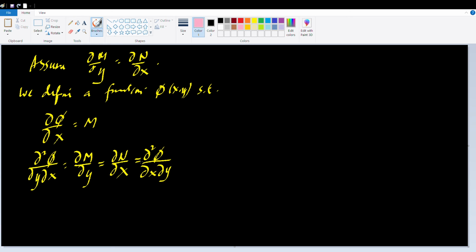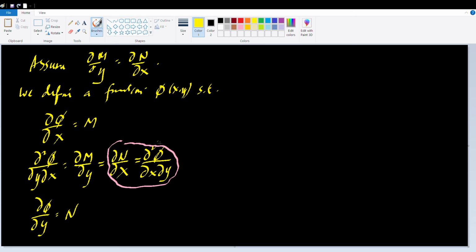So let us now isolate this part. If we are to integrate the second partial of phi with respect to x and y, what do we get? We'll be getting the partial of phi with respect to y equal to N.